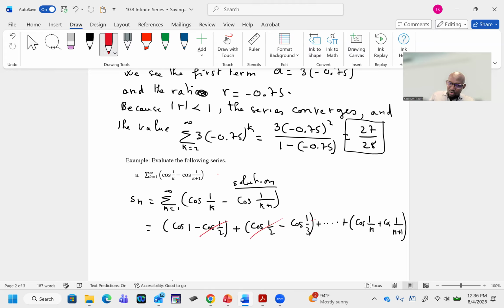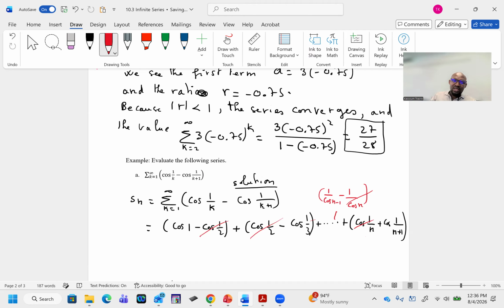And before this term right here, what do you have? We have cosine of 1 divided by n minus 1 divided by n, and this also will cancel out.